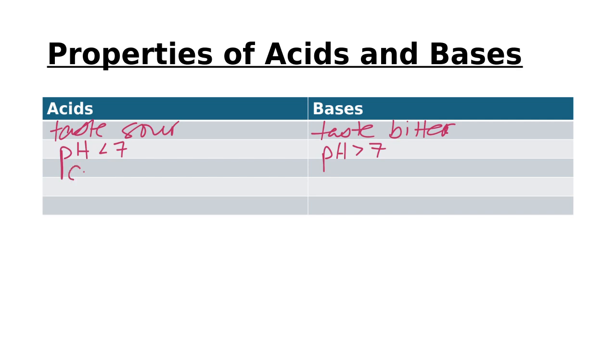Both acids and bases conduct electricity. Okay, this is an important thing to know. They are both ionic. So even though a lot of acids have a covalent formula, the hydrogen and the anion that is present act as ionic substances. So both of these can conduct electricity.